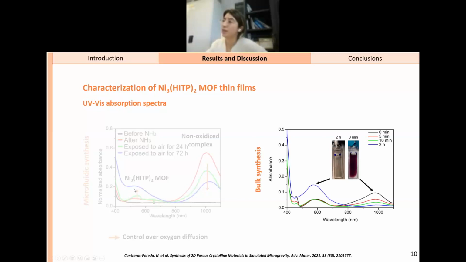But in the case of the bulk synthesis, you see that already at the beginning we have this band that is characteristic of the nickel HITP MOF. And we can observe a fast precipitation of black particles, and we don't have control over the oxygen diffusion in bulk.